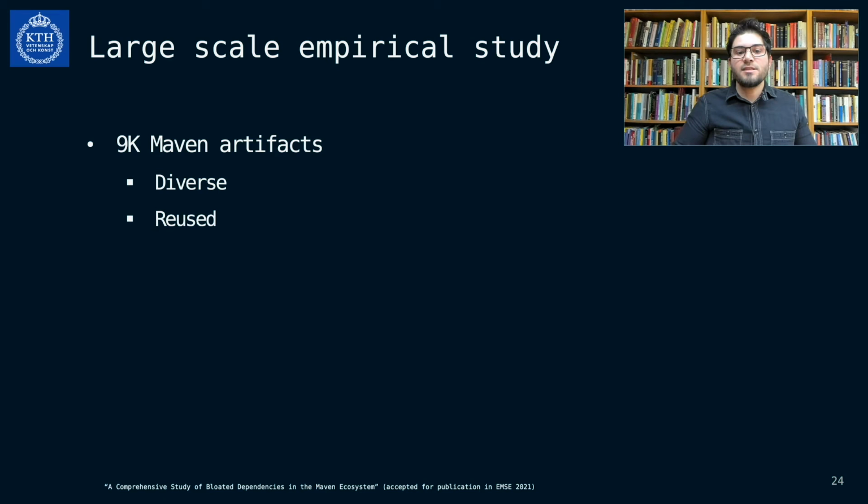They are reused, meaning the subjects are used by at least one artifact through a direct dependency declaration, and they are also complex, which means that they contain class files which we will analyze at the bytecode level, and they have at least one dependency with compile scope.